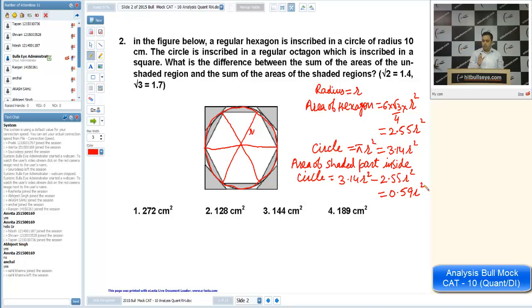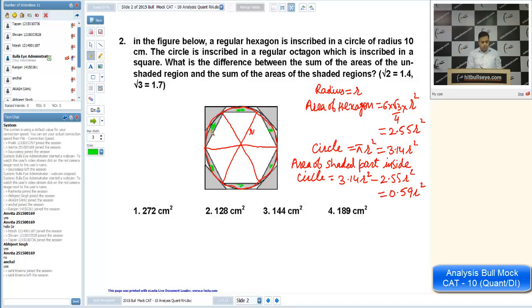So this is the area of the shaded part. Actually this is the area which I am marking as green here. So this is the shaded part and its area is 0.59 r square.